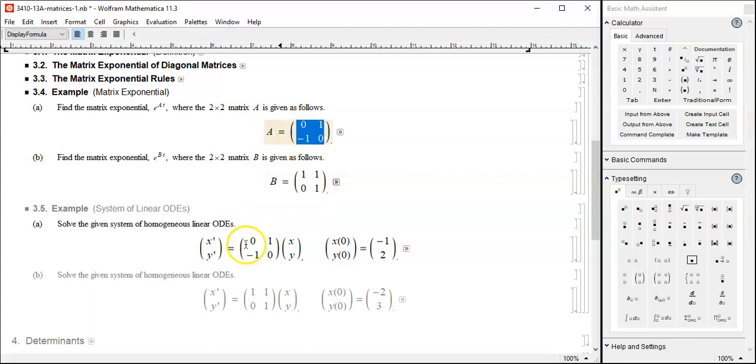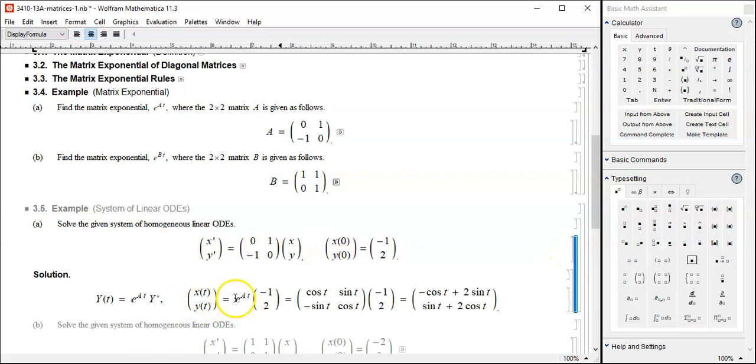So this matrix is being applied here. So the answer must be e to the at power times the initial condition. That's gotta be the answer here. That's the solution. And what is this e to the at power?